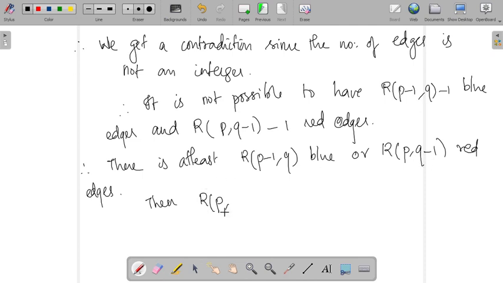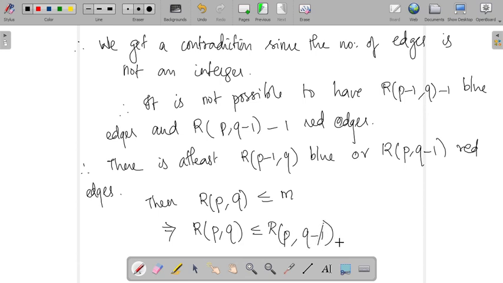So in Km we will have a P clique or a Q clique. So R of PQ will be less than or equal to m. So that implies m is R of P Q minus 1 plus R of P minus 1 Q, so we get R of PQ less than or equal to this. So that is the proof of the theorem.